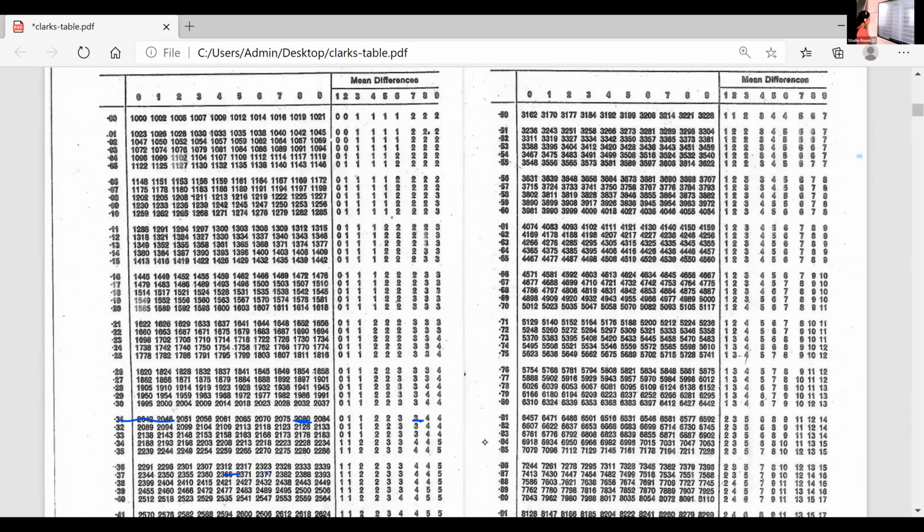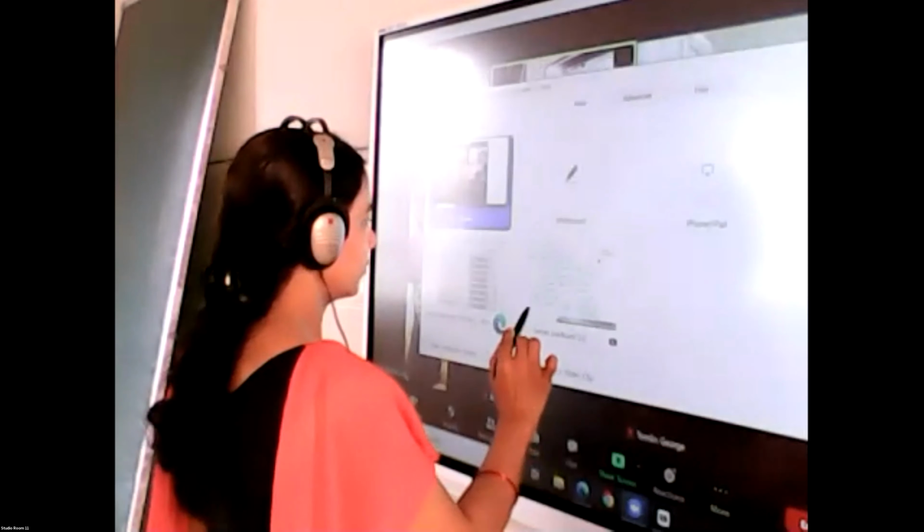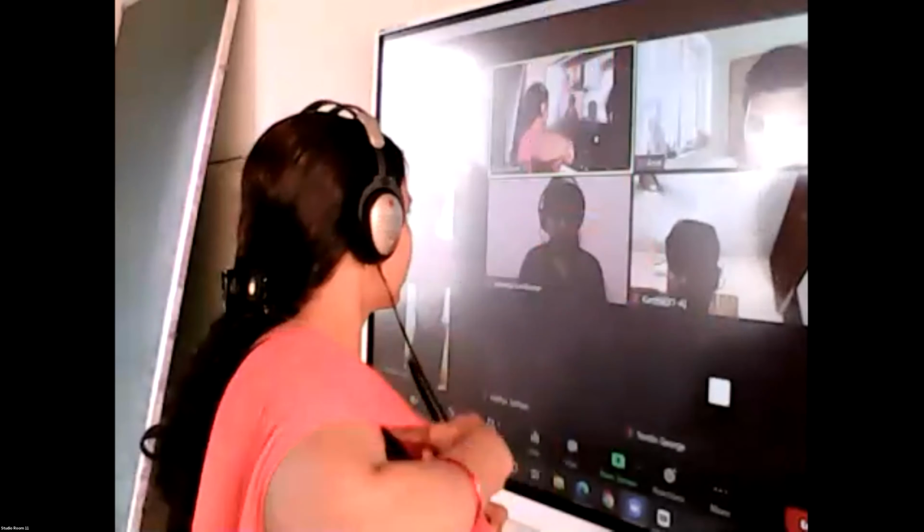So you'll get 2375. It is 2375. 3 plus 1 means 4, so 4 places we have to shift. So the answer is 2375. Is it okay? Is it clear, children?